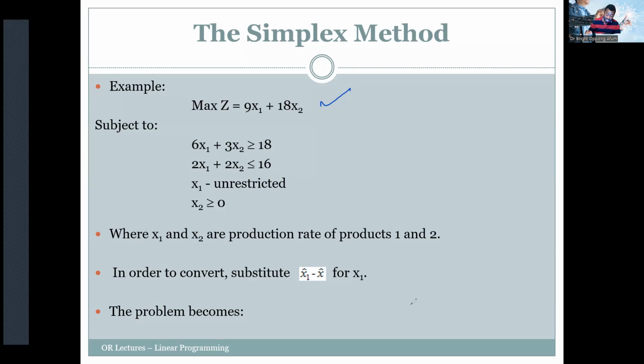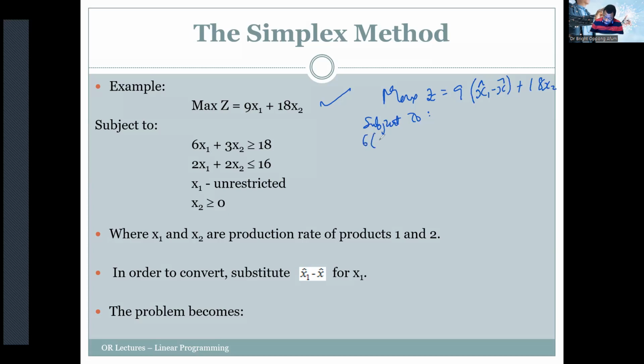Then we say that maximize Z is equal to 9 into brackets x1 cap minus S cap, plus 18x2, okay? And this is still subject to the constraints.